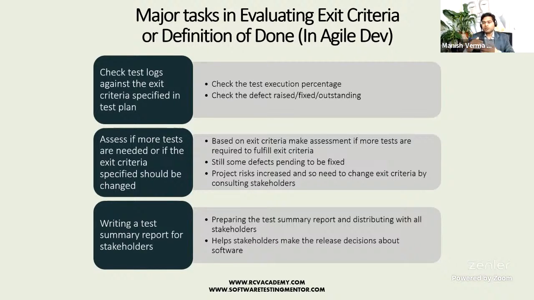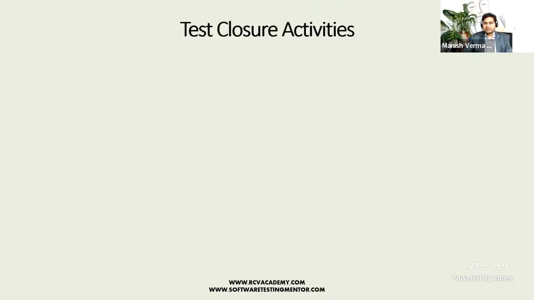Because your summary report will mention, yes, these are the test cases that have been covered, no severity 1 and 2 defects. If there are defects outstanding, then somebody needs to sign off. If they are critical defects, then obviously the release can't happen, right? So your summary reports help make the release decisions as well.